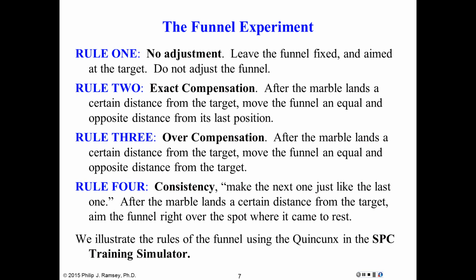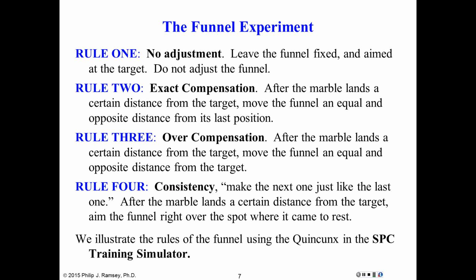It's called overcompensation. This strategy means, well, I was way on one side of the target, but by golly, that's not going to happen again. So I move it farther, an equal distance in the opposite side of the funnel. Overcompensation is very common, and as you're going to see in a moment with a simulation, it has catastrophic consequences.